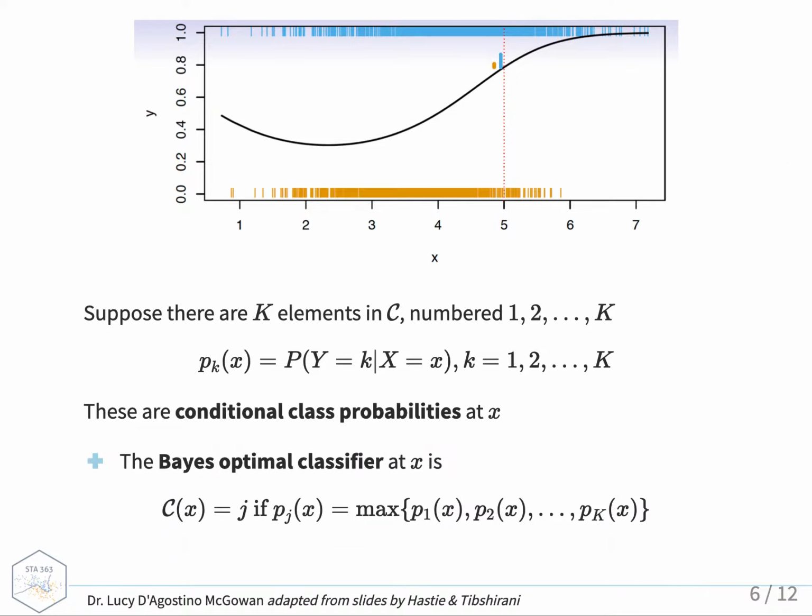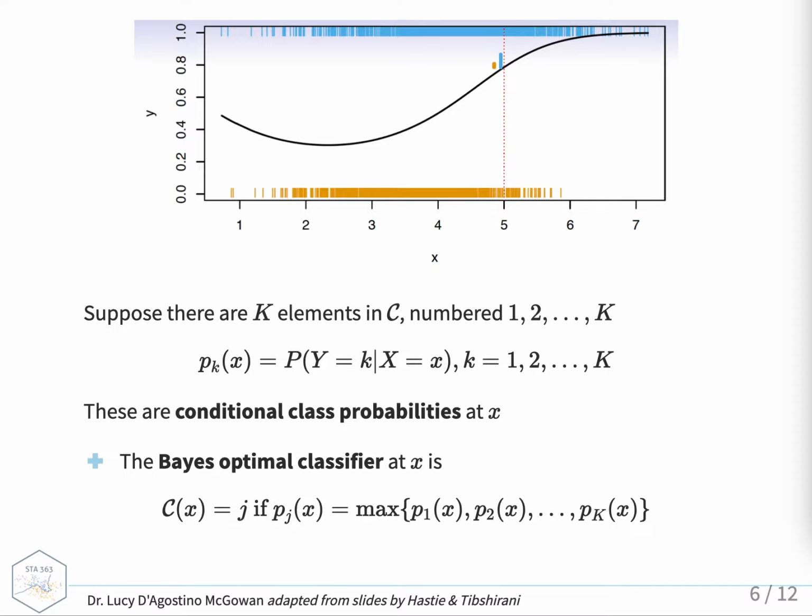The Bayes optimal classifier at x is going to be this C(x), a function of x, which is going to be j if pj is the maximum of all of the different p's, p1 up to pK. You'll notice that the probability here is a conditional probability.